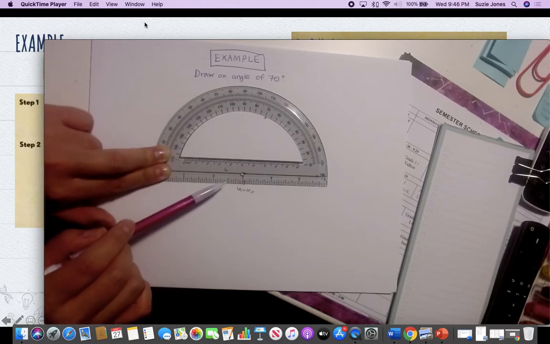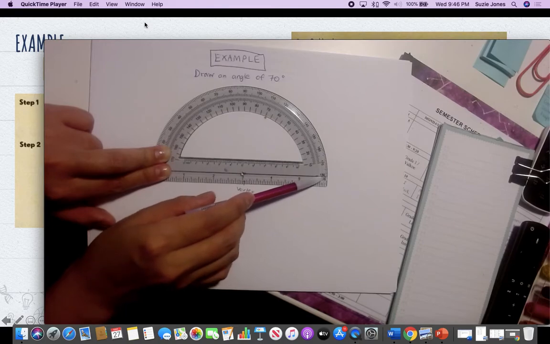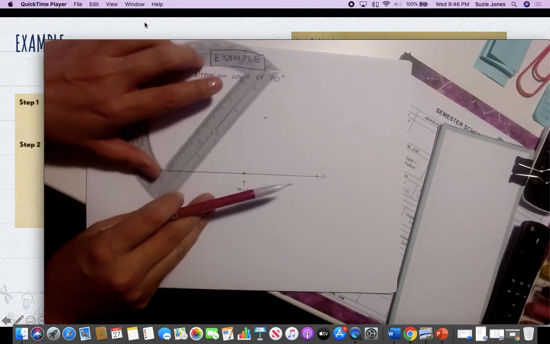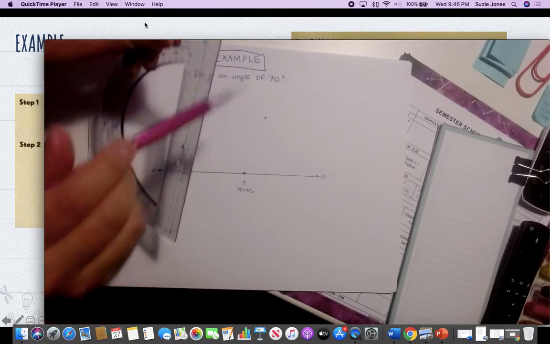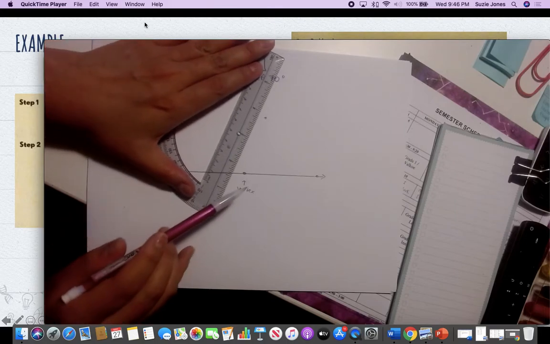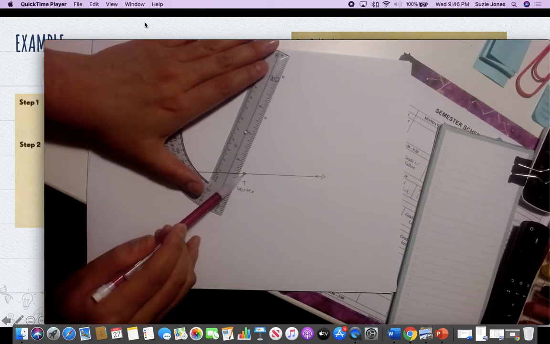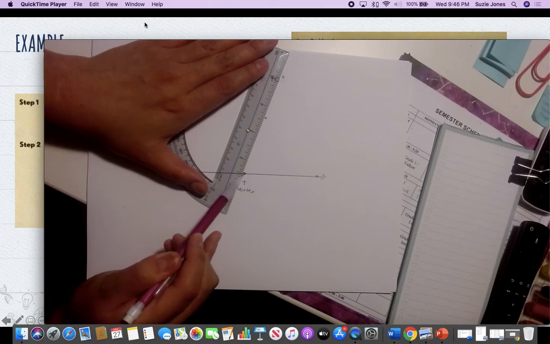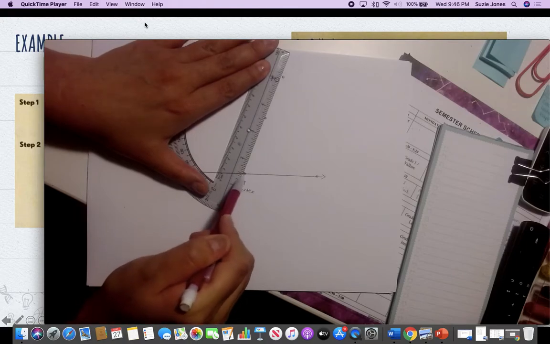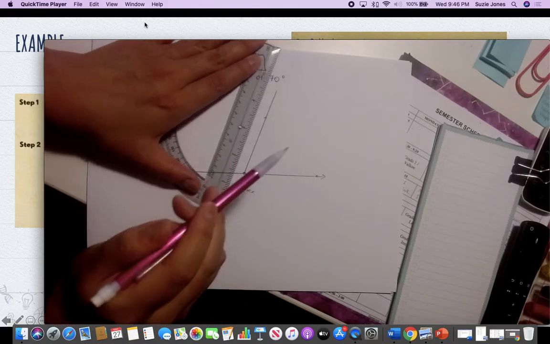And then what you're going to do now is, it goes from here, 0, all the way to here is 70, right? So you're going to take your straight edge, and thankfully our protractor has a straight edge right here. You're going to try to line up your vertex with the point that you drew at 70 degrees, and you're going to draw a ray from the vertex all the way through that point.